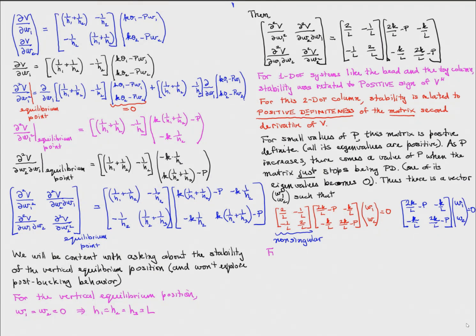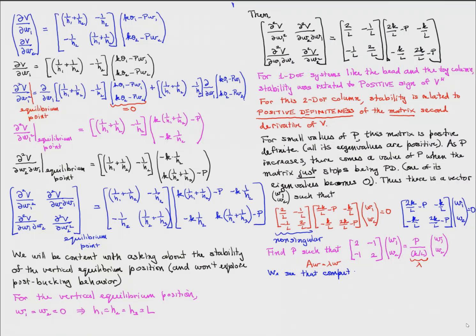Now, if we rearrange all of this, this amounts to saying find a P such that that matrix times W1, W2 is P over KL times W1, W2. And this P over KL we'll just call lambda. So this looks like AW equals lambda W, which is an eigenvalue problem.